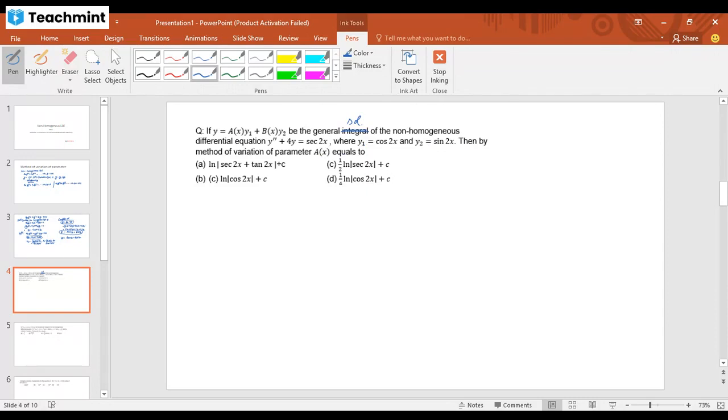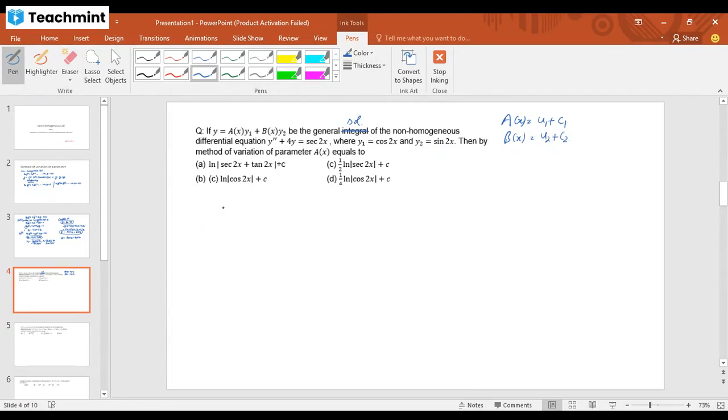Like I told you, if it is given that a(x) and b(x), the coefficients of y1 and y2, represent a general solution, then a(x) is equal to u1 plus c1, and b(x) will be u2 plus c2. y1 and y2 are already known to us.